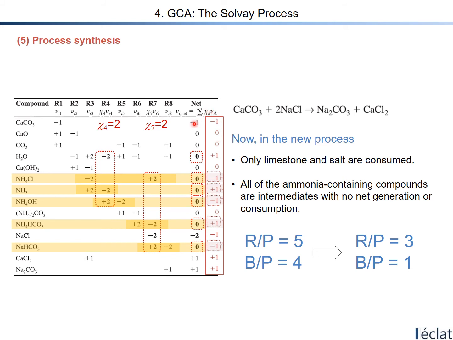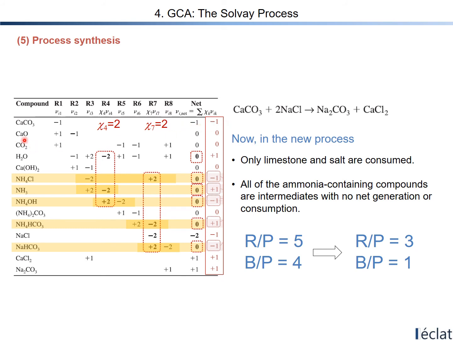And then this is the new value. Anyway, let me calculate it. So calcium carbonate is consumed in reaction 1. Actually, calcium carbonate is the original raw material, and also it is not affected by reaction 4 and reaction 7, so nothing changed. In the past, -1, right now, -1.